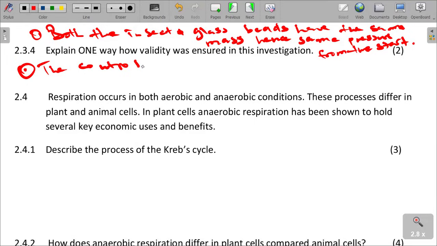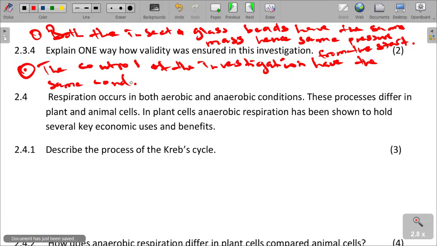The control of the investigation has the same conditions, except for the independent variable, which is the living organism.